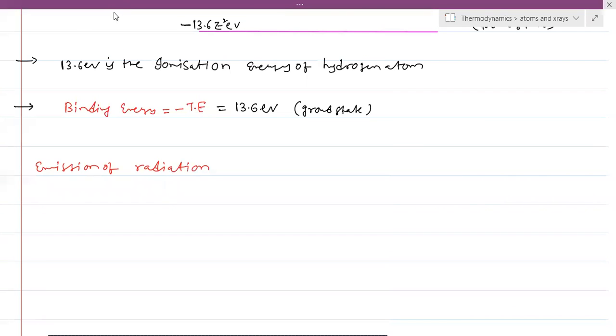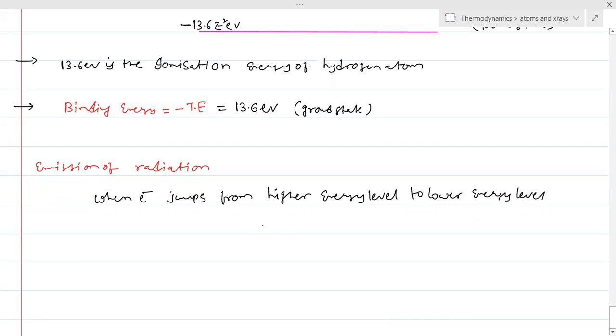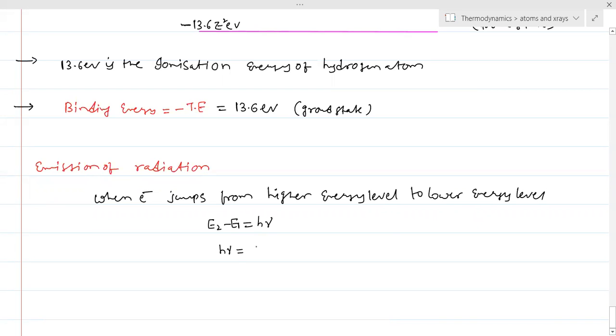We know that when an electron jumps from a higher energy level to a lower energy level, E2 minus E1 is equivalent to h nu, or h nu is equivalent to 13.6 electron volts into 1 by n1 square minus 1 by n2 square into z square.